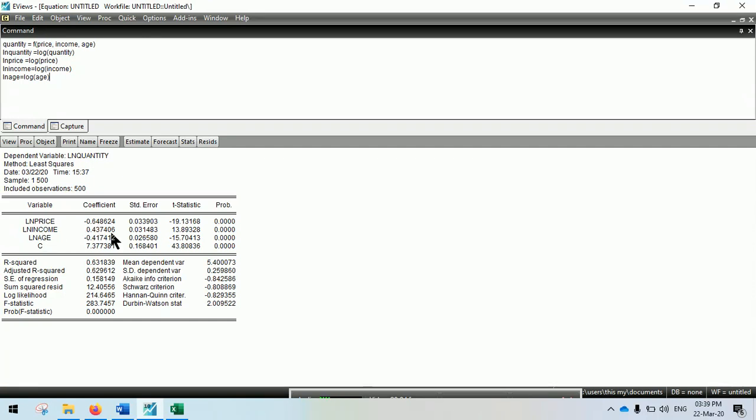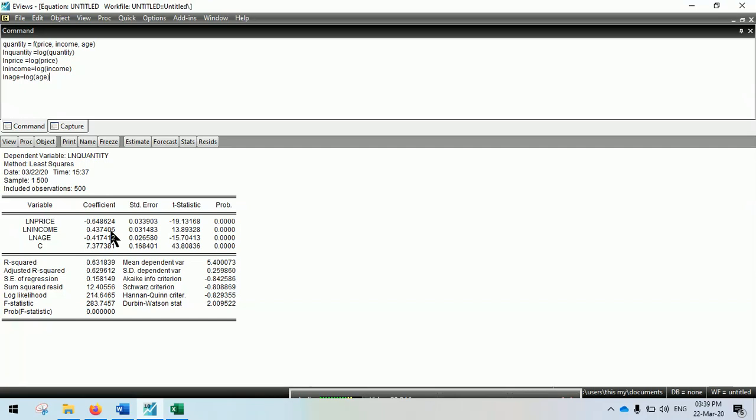Income elasticity is above 0, positive, so this good is normal. So the elasticity of income equals the coefficient of income, which is 0.437. And for age, I don't think that we have to calculate elasticity for age.